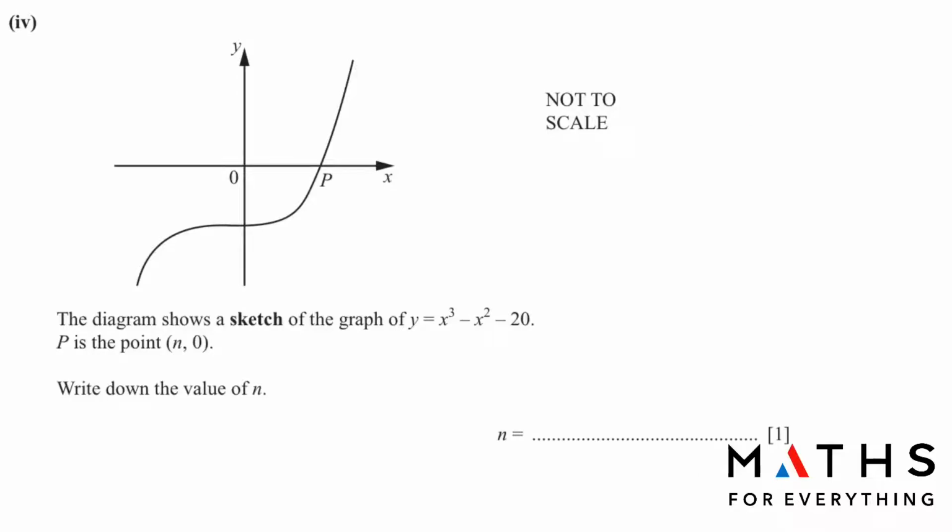In part 4, we have a sketch, and it is the sketch of the graph of y is equal to x cubed minus x squared minus 20. And P is the point n, 0. We have to find the value of n. This is the same. We drew the graph here, and the point of intersection was there. I showed you how to use the calculator to get that.